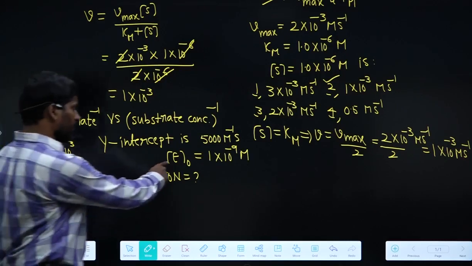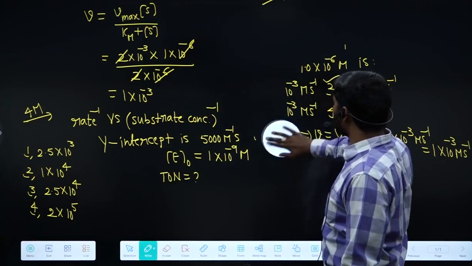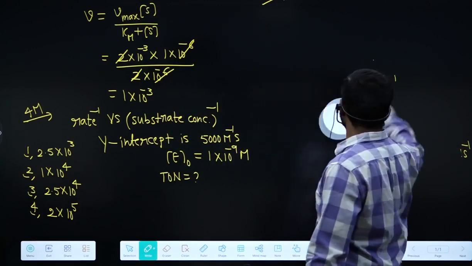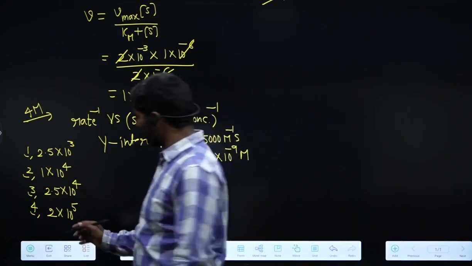Sometimes they are giving like this, and instead of giving 1 into 10 power minus 9 M, they are giving nanomolar concentration. Which option? 4.